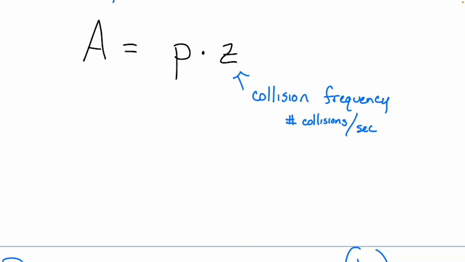Okay, so this number right here is going to be a big number for gaseous reactions. Z tends to be on the order of 10 to the 9. So what is that? 100 billion collisions per second for a gas phase reaction.